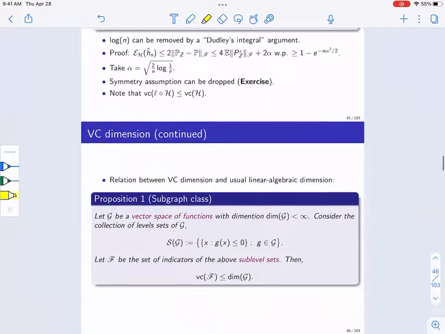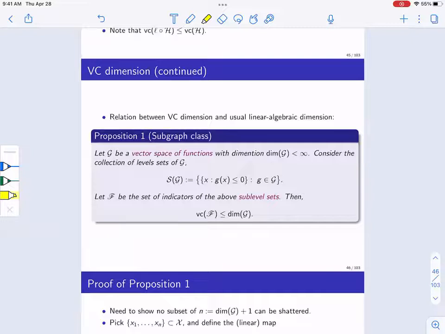Okay. The other point was that there is the relation between the linear algebraic dimension and the VC dimension. So if you have a vector space of functions whose dimension is finite, dimension d, and you get these subgraphs, or sub-level sets.